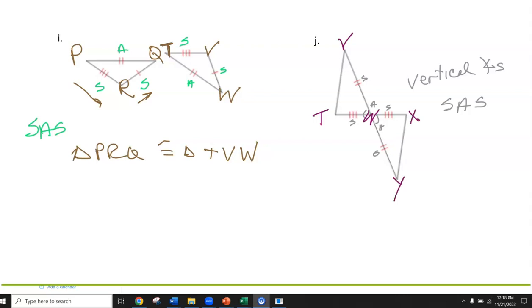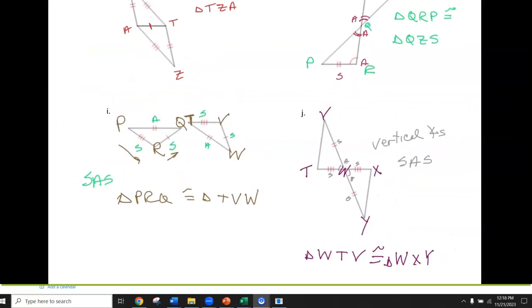Let me call that W. So that went to the vertical, and then through the triple, and then to the top. Okay, and that's going to be congruent. So I had to start at the vertex. I then went to the triple, so that's going to be X, and then to Y. Okay? Okay, so that did it.